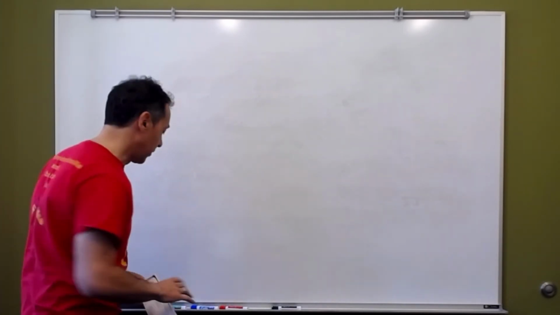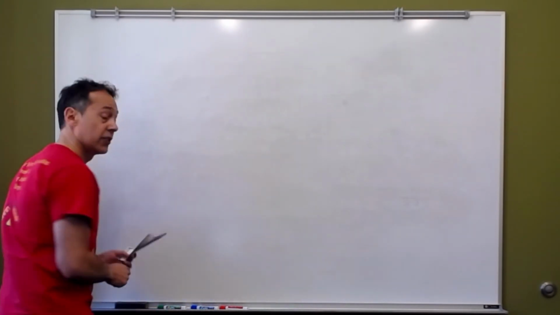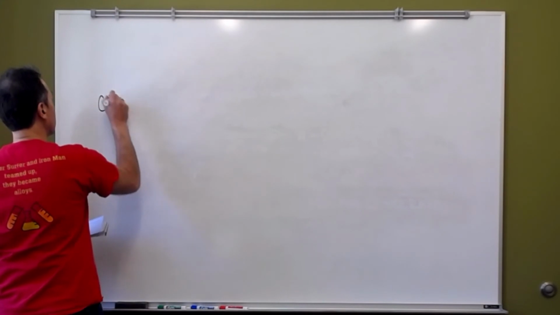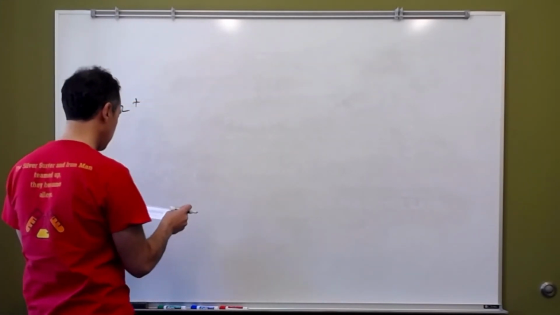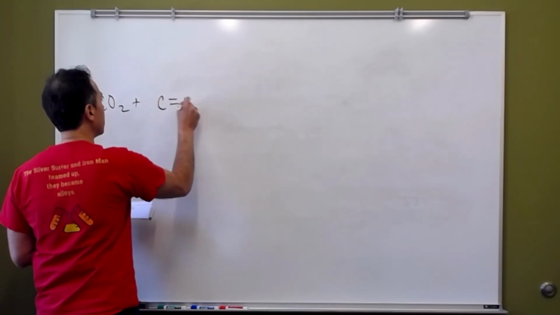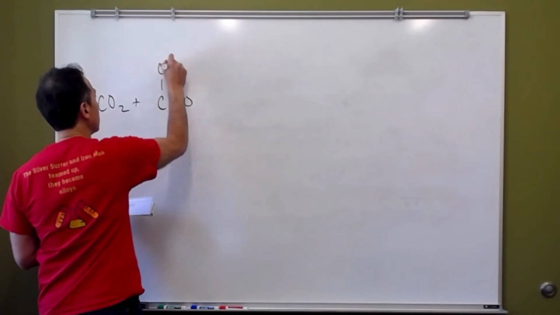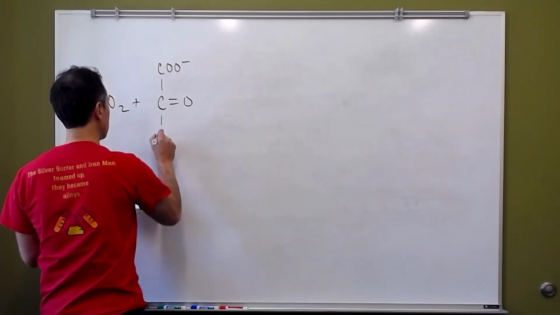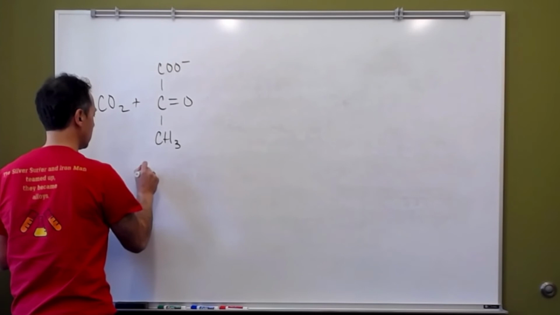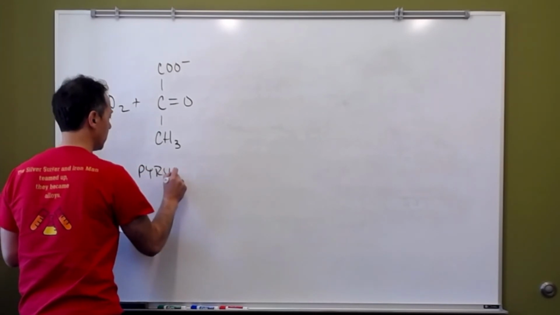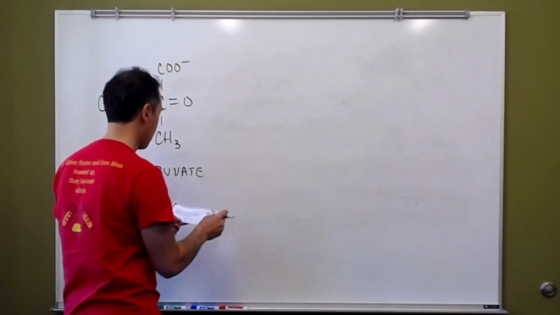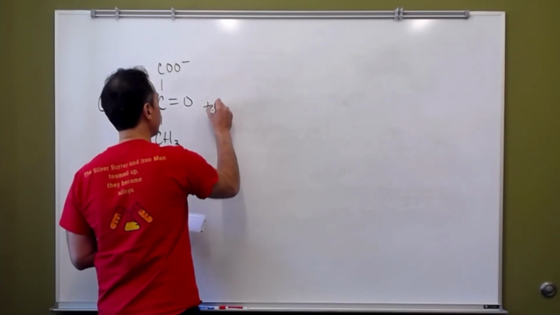And an example of this is if we were to take, say, carbon dioxide, and combine it here with pyruvate and ATP.